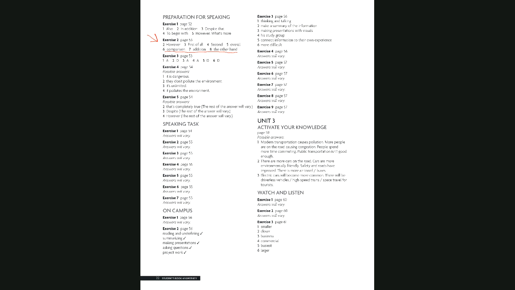You want to say things like one advantage of something, or one pro, or one benefit, one drawback. These are some words that you can use in your speech. Any questions about this? Just click on the raise your hand button.